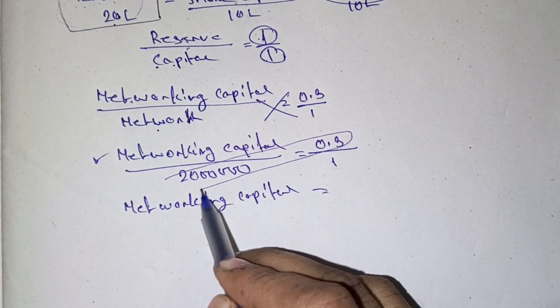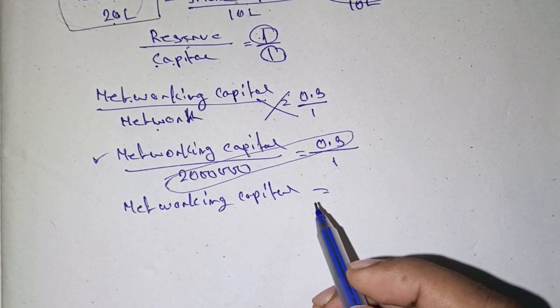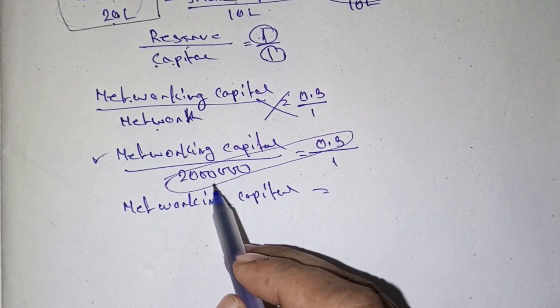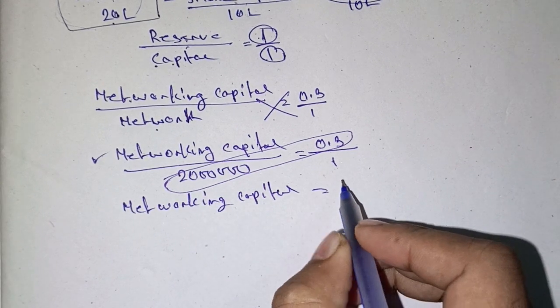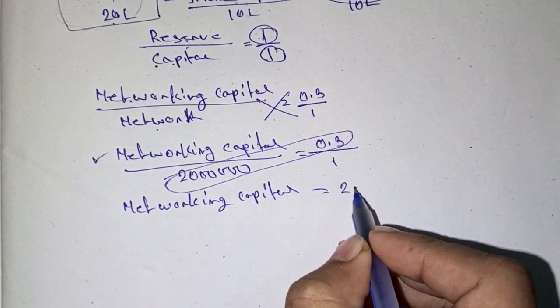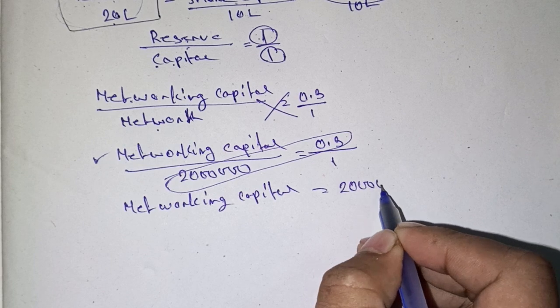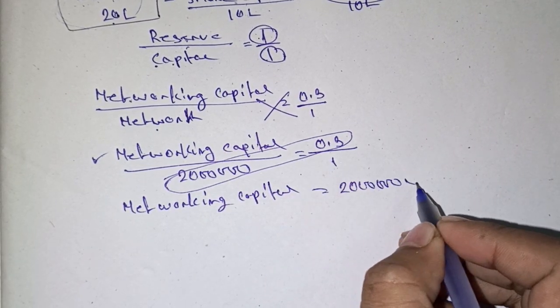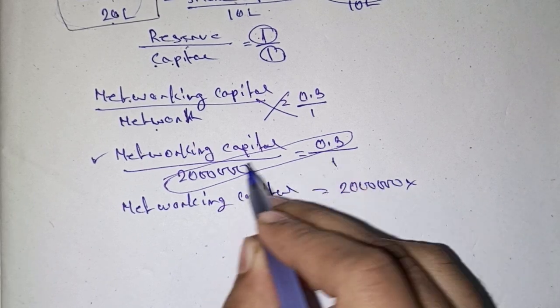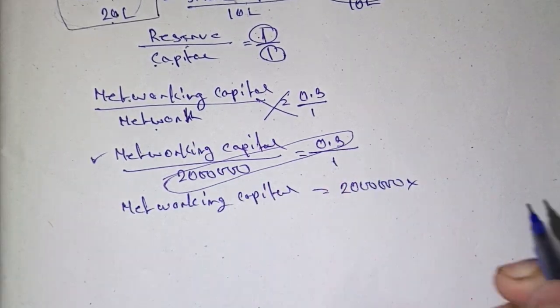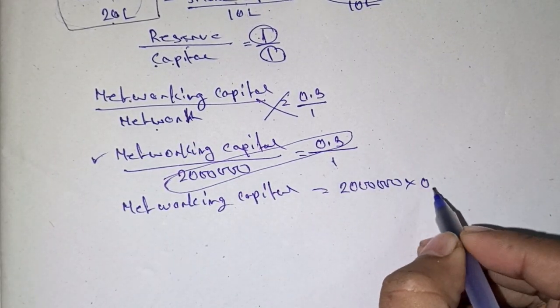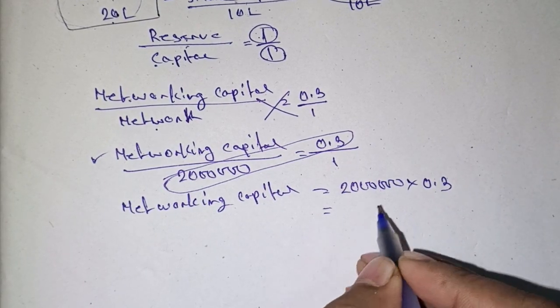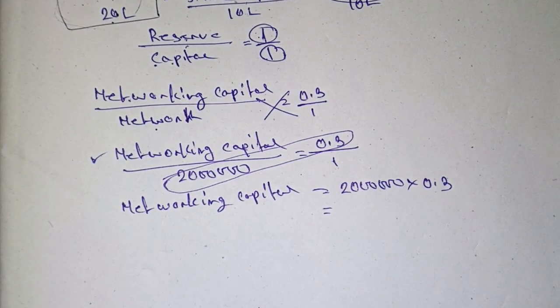Here two values are given. So write it as it is. 20 lakhs, and here you have to put a multiplication symbol because this is cross multiplication. Then 0.3. So how much?